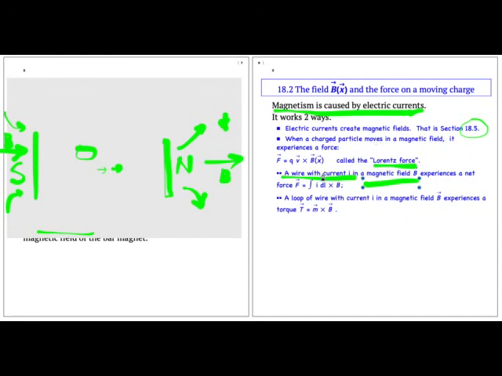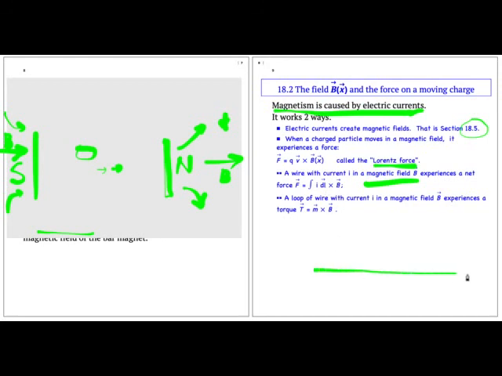Well, that whole wire will experience a net force. Each particle, each moving particle, the charges that make up the current, experiences a force, QV cross B. Well, that's altogether the current I times the length of a little section of the wire cross B.